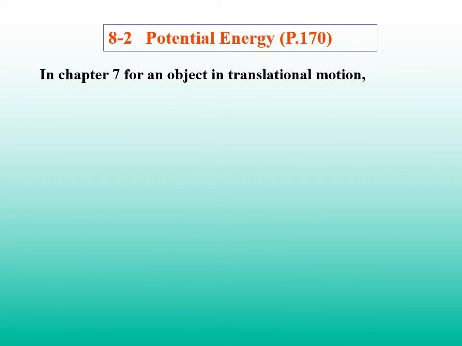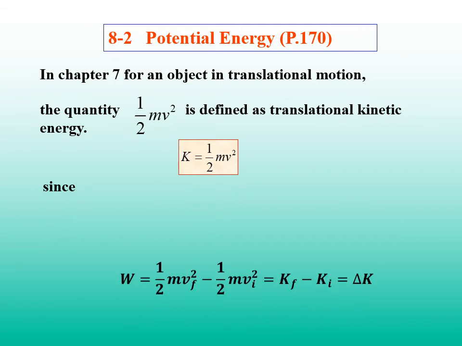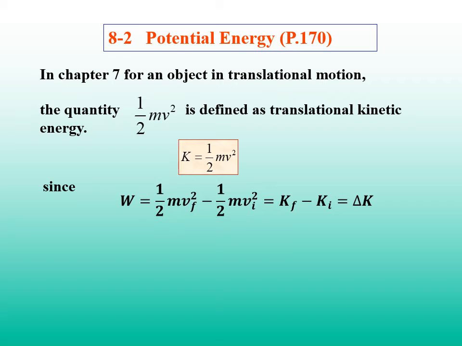In Chapter 7, for an object in translational motion, the quantity 1/2 mv squared is defined as translational kinetic energy, K equals 1/2 mv squared. Since the work W equals 1/2 mv final squared minus 1/2 mv initial squared.